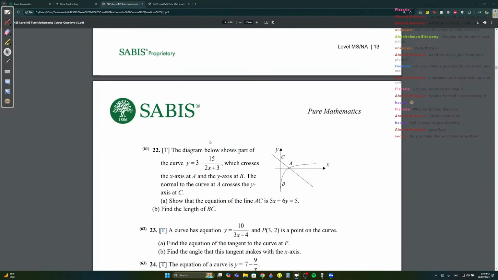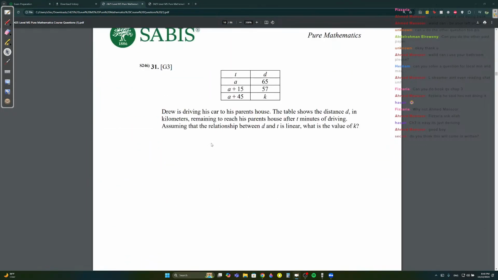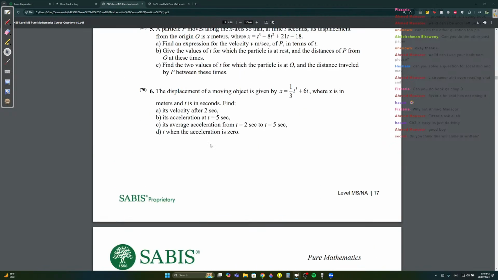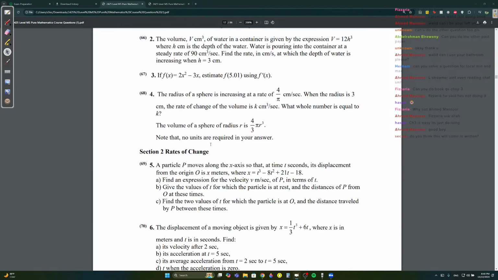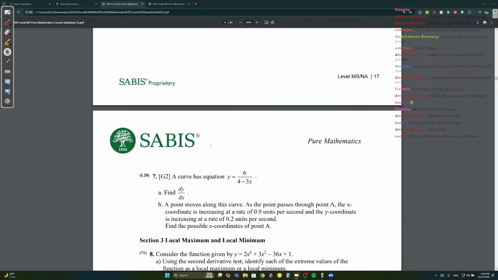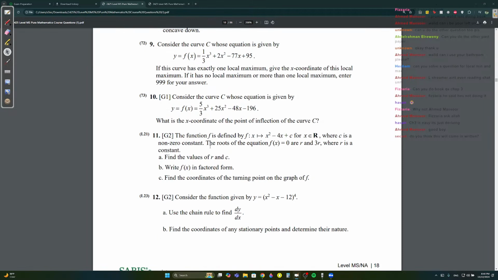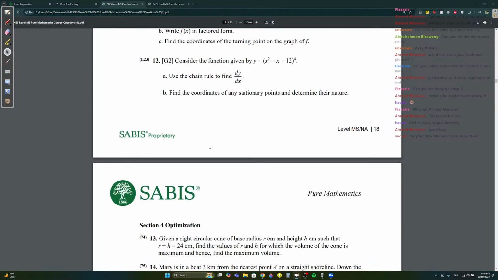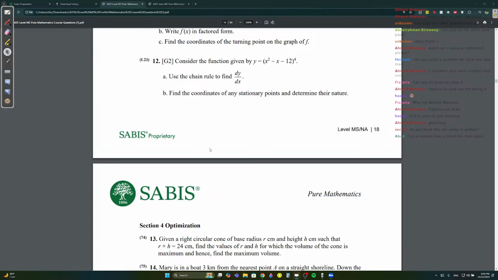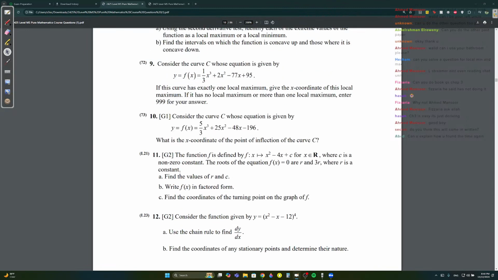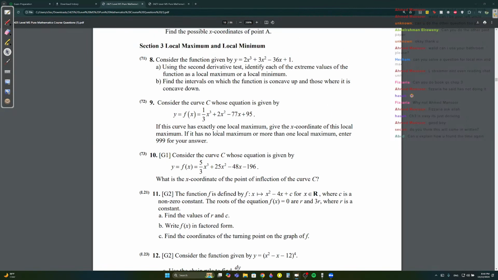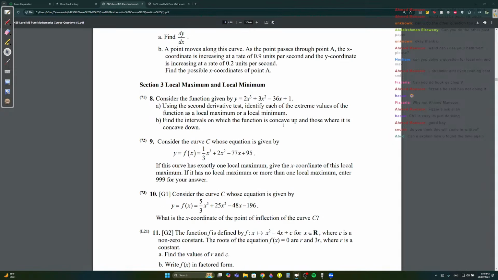What chapter was it? Yeah, here, 4.3. f of x. Somewhere here. Yes, this one.